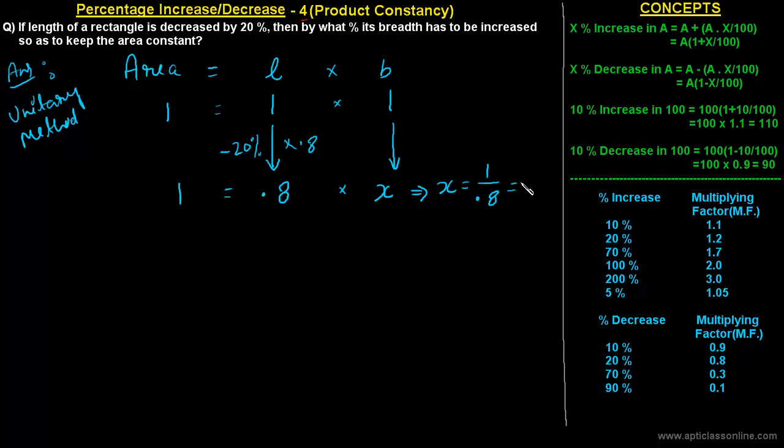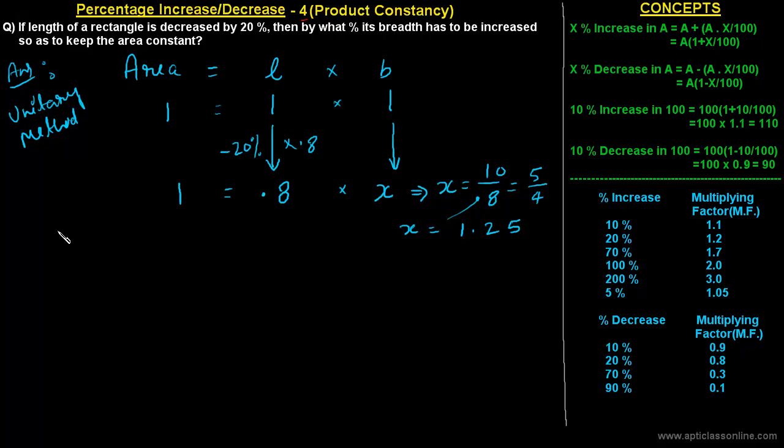If we remove the decimal, you will get 10 by 8 or 5 by 4, or we can write x is equal to 1.25. The initial value of b was 1. The final value of b comes to be 1.25.